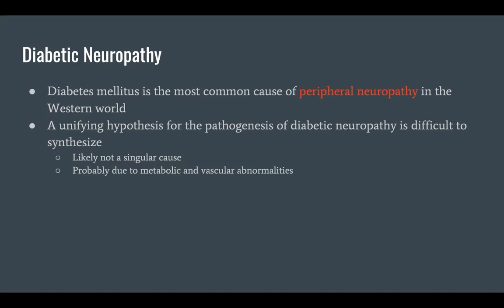I say that, and then sometimes I see the craziest things. You're told, oh, you'll probably never see this, and there it walks in. But anyways, you'll probably see diabetic neuropathy a whole lot. It's probably because of metabolic and vascular abnormalities, and you'll hear it again when you get to endocrine.